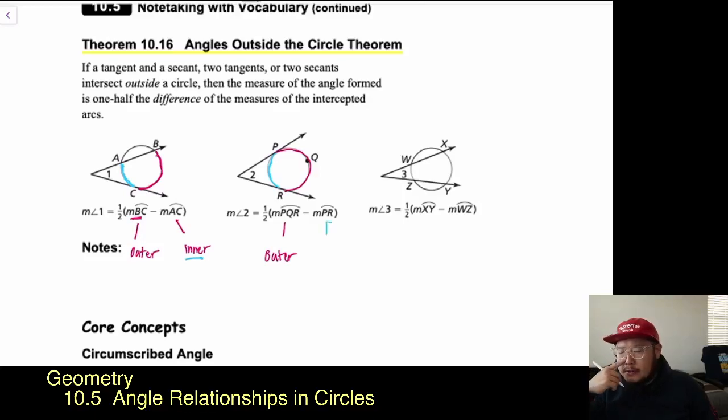So the measure of angle 2 is equal to 1/2 the measure of arc PQR minus the measure of arc PR. And we're still going to see the same thing right here. This time we've got ourselves two secants. And so for the measure of angle 3, we have XY as the outer.